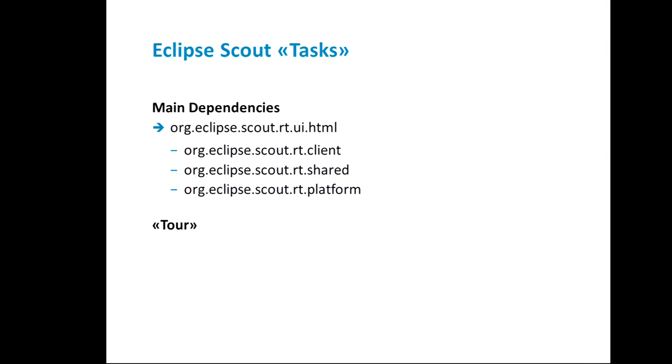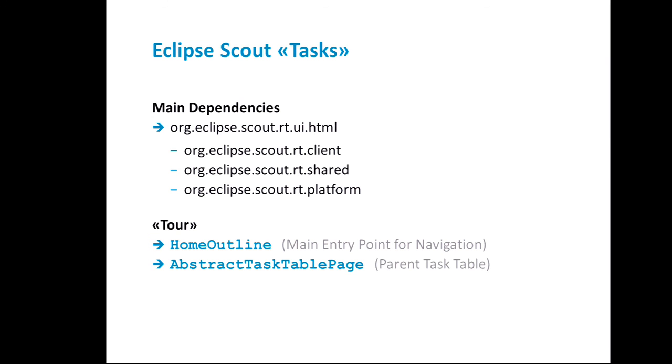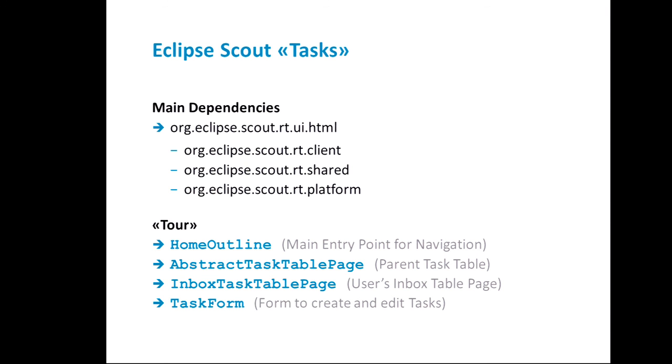Then the tour through the task demo application. We will see the home outline, which is the main entry point for the navigation. We look at the abstract task table page, basically the class that is responsible for showing the tasks with their attributes for all the nodes. We look at the specific one, the inbox task table page, and the task form, basically the form to create and edit tasks.